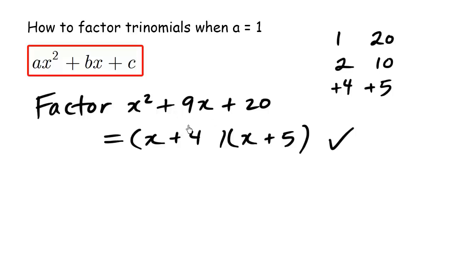If it's taking too long to figure out mentally, you can always list the different numbers that multiply to be this c value, and systematically work your way to find a number that also adds to be the middle part. And of course, if your intuition says you should skip some numbers, go right ahead and skip some numbers and save some time.